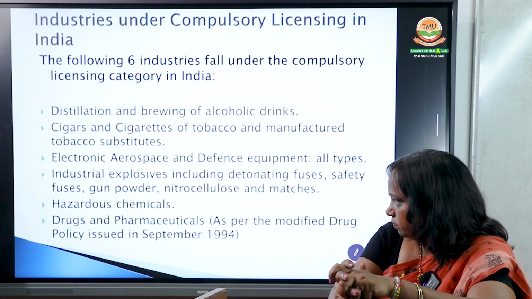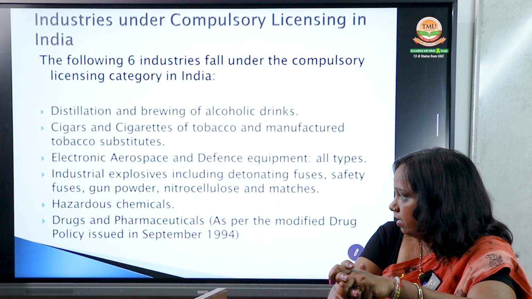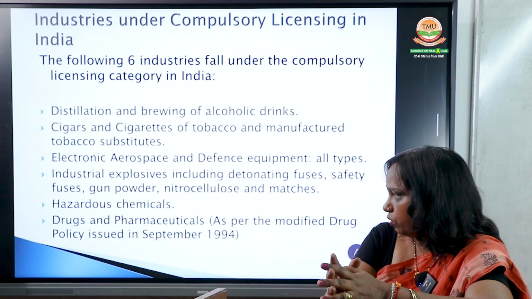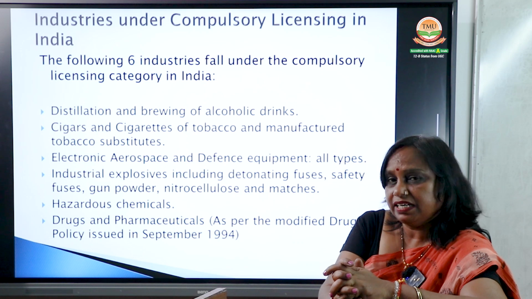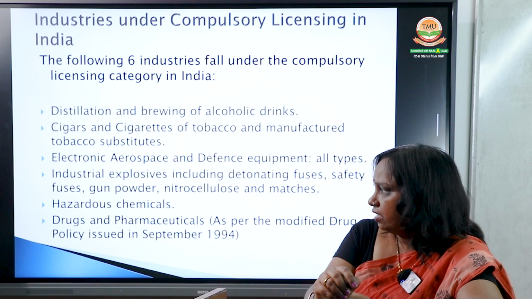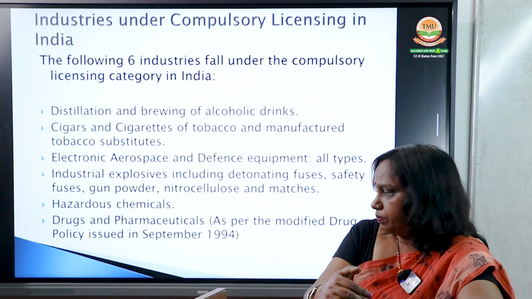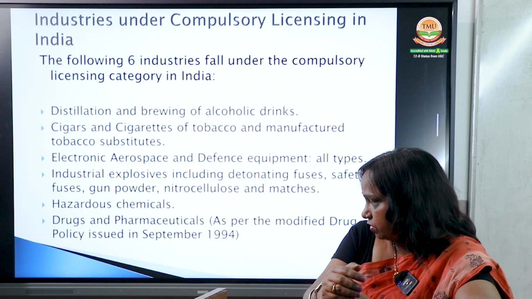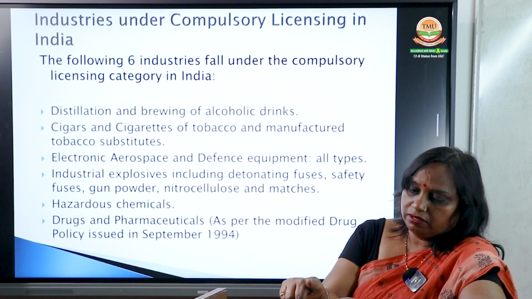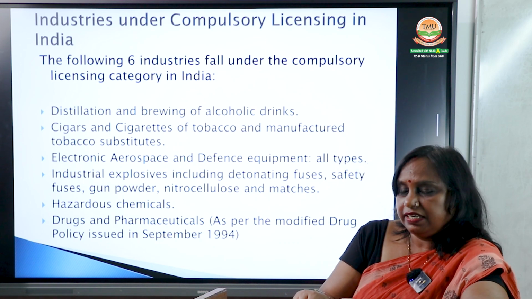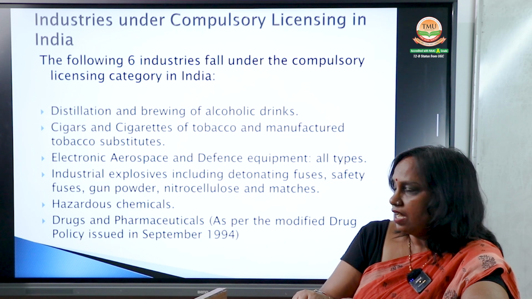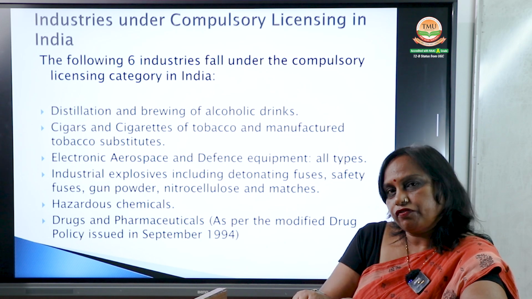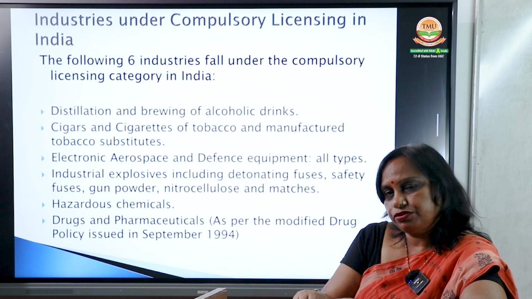which is the list has been modified, and some guidelines, some policy has been issued in September 1994. According to that, all those companies who are coming under the drugs and pharmaceutical, they can go for compulsory licensing. I hope the concept of compulsory licensing is very, very clear to all of you.